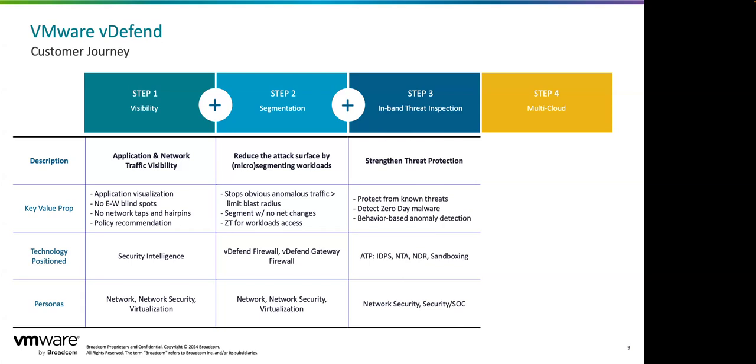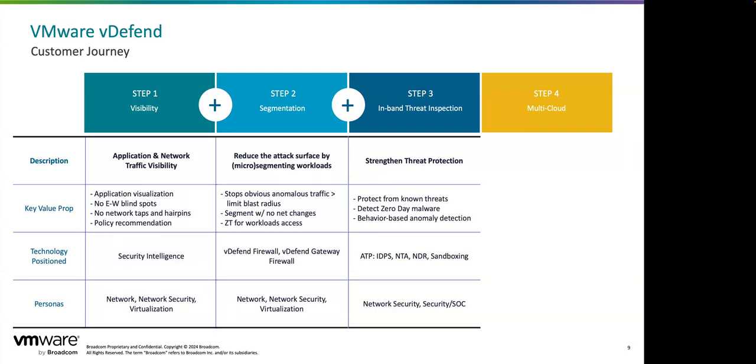The next step might be in-band threat inspection. So looking at strengthening the protection of enterprise communication. Key value propositions being protecting from known bad threats, detecting zero-day malware, and implementing behavior-based anomaly detection. And we can do these things with the advanced threat prevention from vDefend, using IDS IPS, NTA, NDR, and sandboxing.